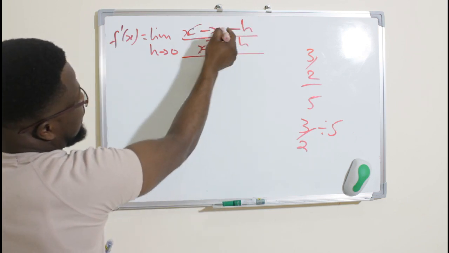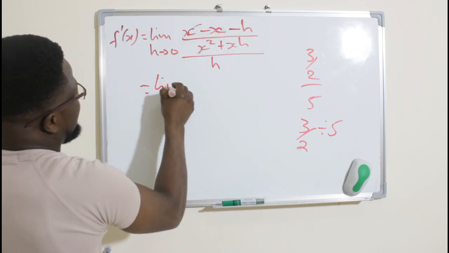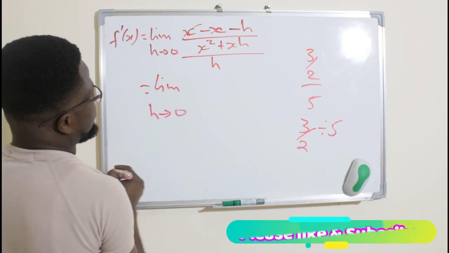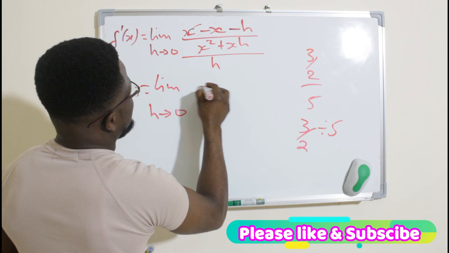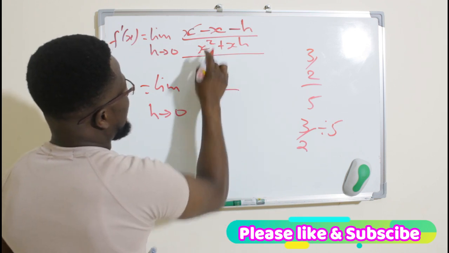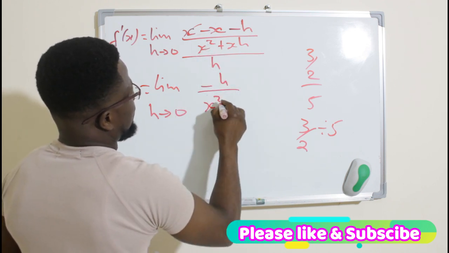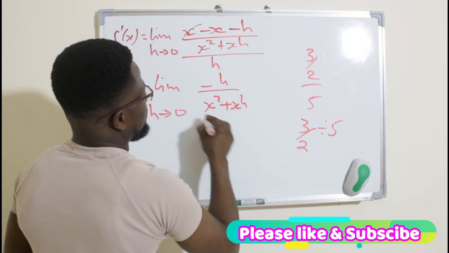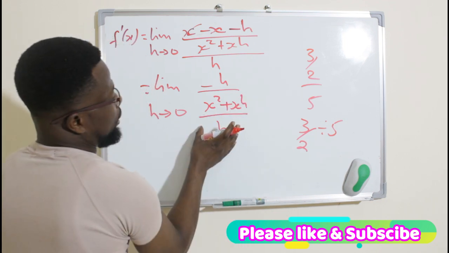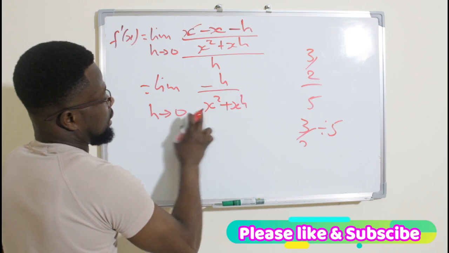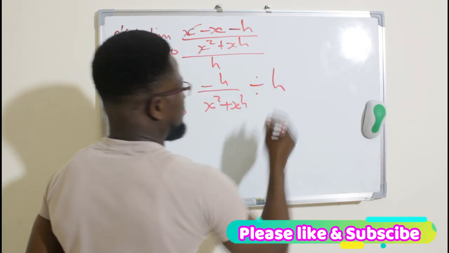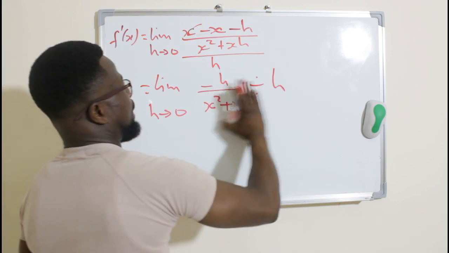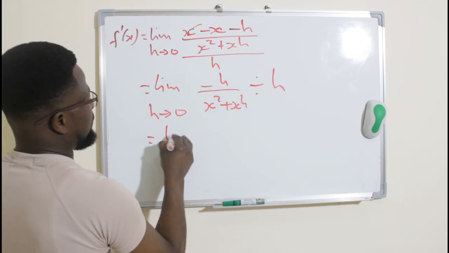But meantime, this and this are cancelled out, so we are left with the limit as h approaches 0, and that is just the negative h divided by this, all over h. Now I'm going to write this h and the division sign like this, divided by this h, so that I can multiply by the reciprocal and make life easy.